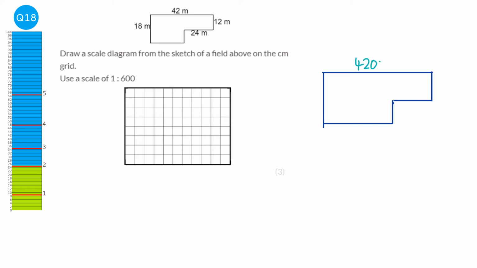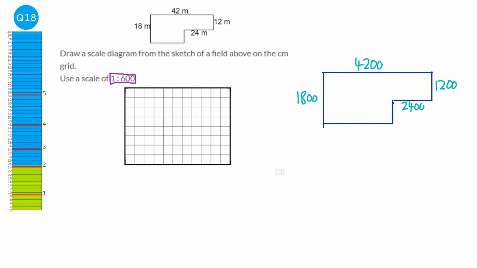So we've got 4,200, 1,200, 2,400 and 1,800. And next I'm going to convert them into what the scale says they're going to be in our diagram. So a scale of 1 to 600 means 600 in real life, and this diagram is showing the real life situation, is 1 on our diagram.